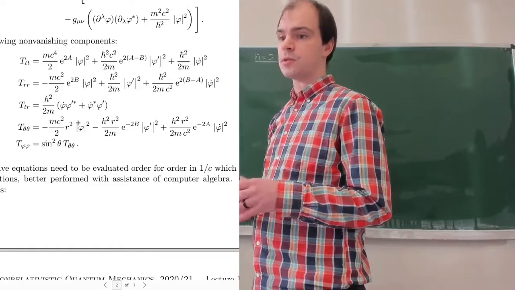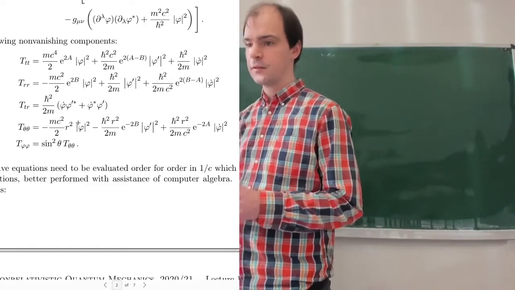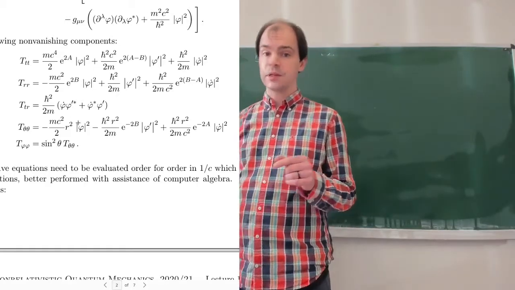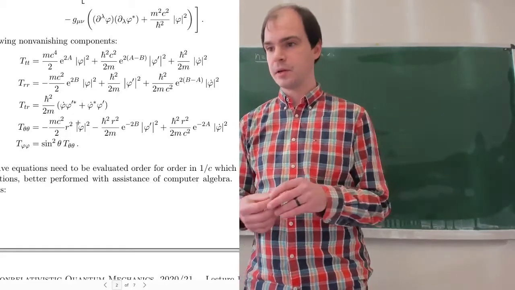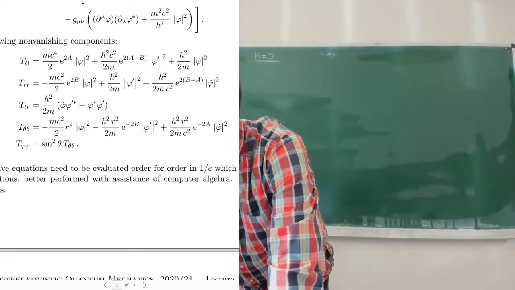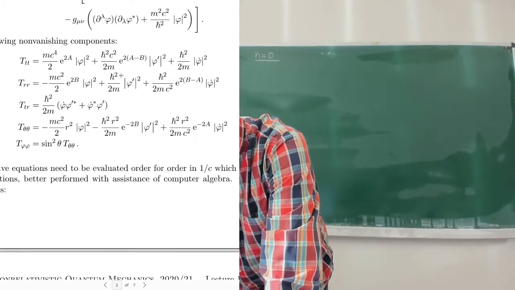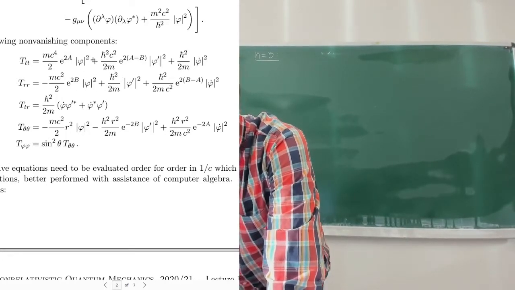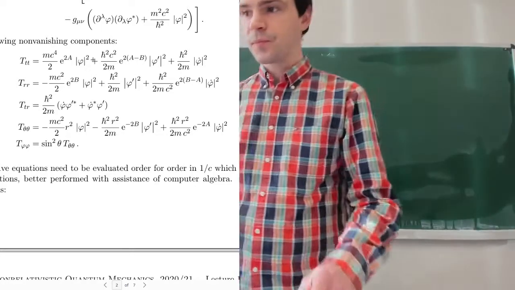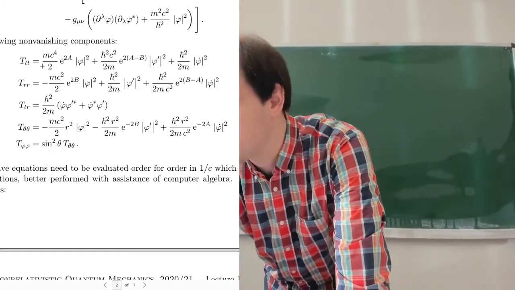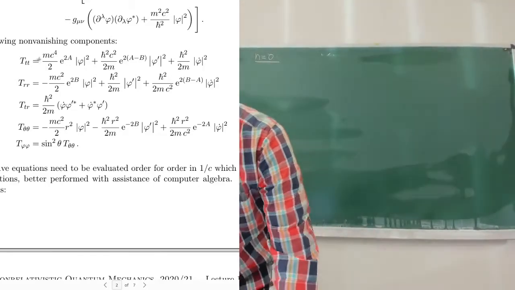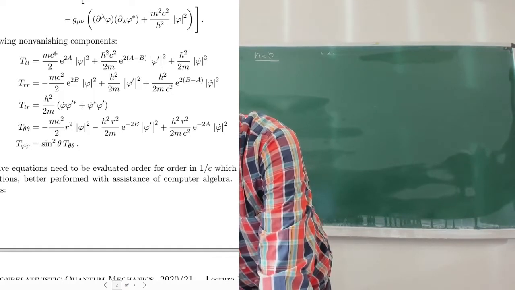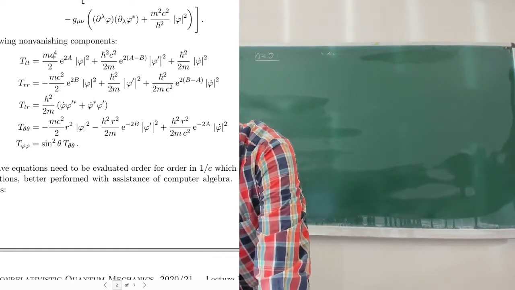So what we would have to do now is we need to expand these functions, e to a, e to b, and we need to insert the power series both in our function here for TT, for example, and then also for g. So what you see here is that for the stress energy tensor TTT, we have a term that's order c to the power 4 as the leading order term.